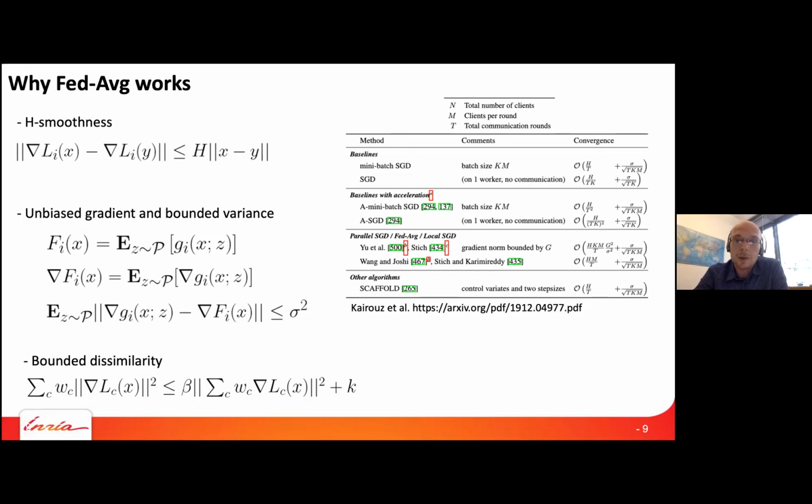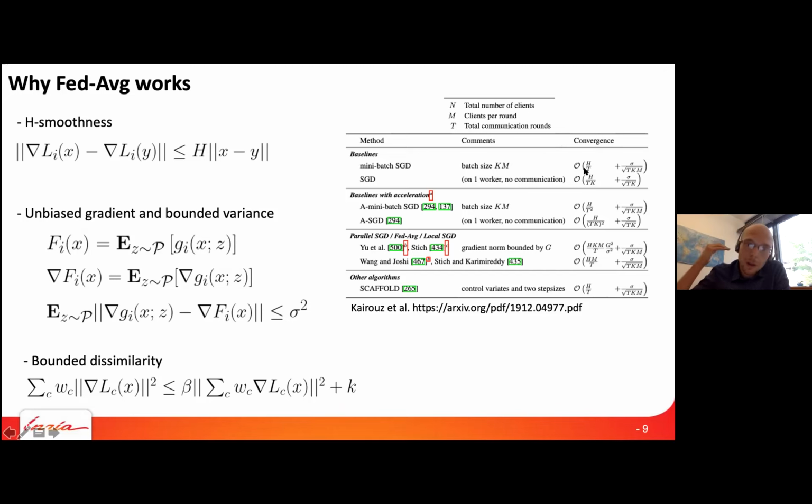Based on these assumptions, it can be proven that this aggregation process converges with certain bounds. Depending on the assumptions we take and how we develop things, different kinds of bounds can be found, but most of them are very similar, and they are scaled by the total number of communication rounds.